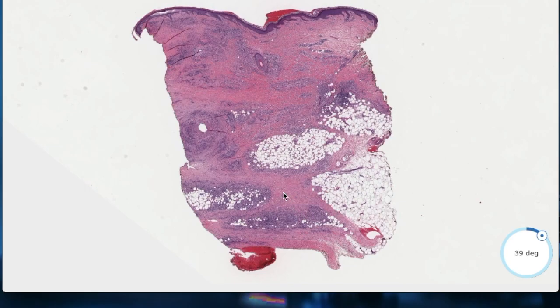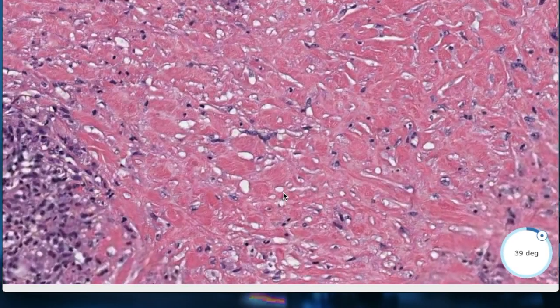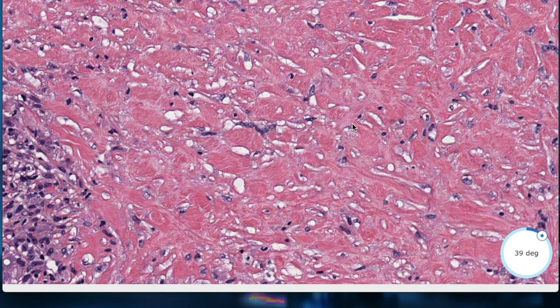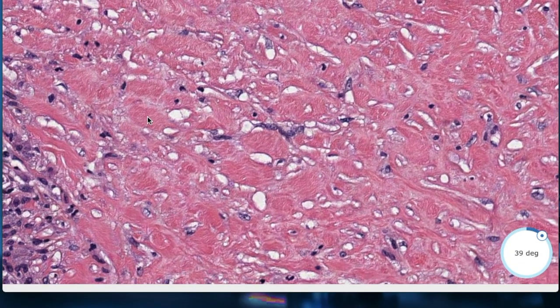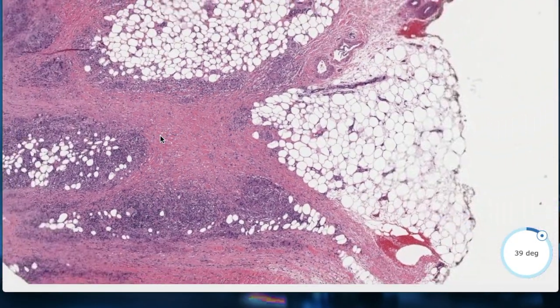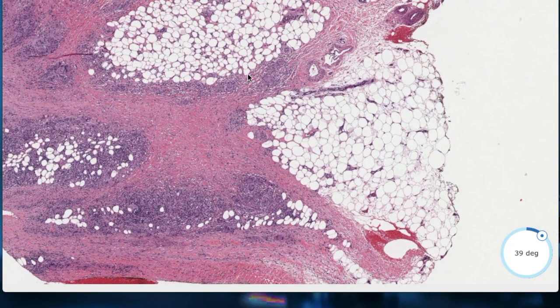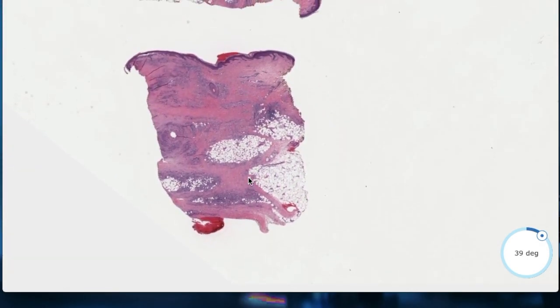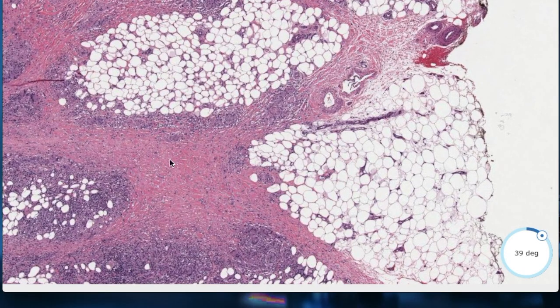And if you look on high power into those collagen areas, you see that those collagen bundles appear necrotic. So we call this necrobiosis. And if you look at the main pattern, the inflammatory cells are alternating on low power with the necrobiosis. So we call this necrobiosis lipoidica.